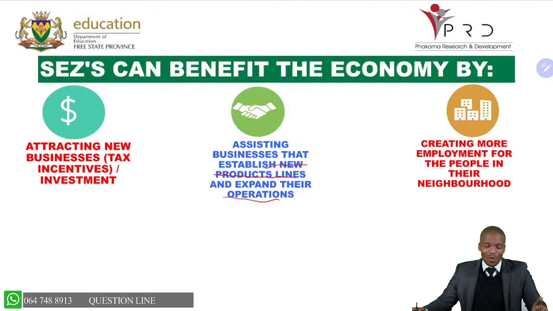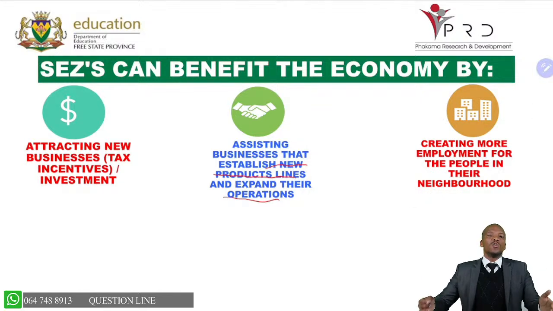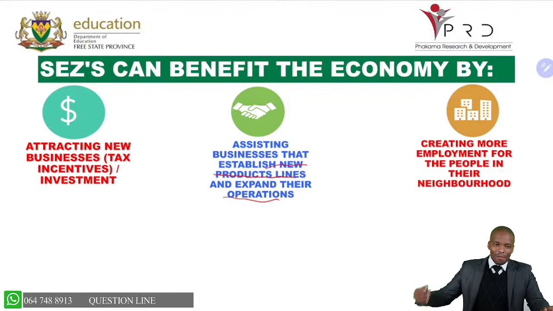This one cannot be left behind, grade 12s. It's our endeavor, our effort, to create more employment for people in their neighborhood. Wherever they are, there should be levels of employment. Even the young ones, when they grow up, their dream should be saying, if I can see myself working for that company, or being a CEO of that particular company, it's not far from them.